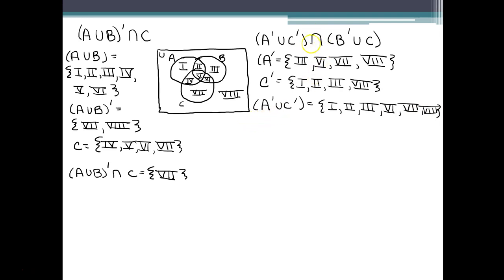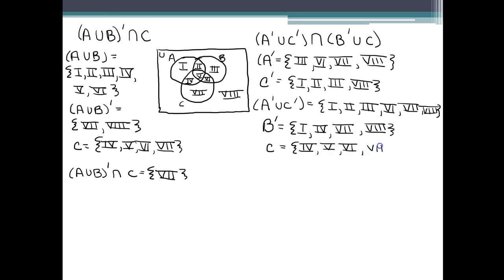Now I don't want to do that intersection in the middle yet because I got to do this other set of parentheses here. So I need to write down what B complement is. See, B has 2, 3, 5, and 6, so we need everything else outside of that. 1, 4, 7, and 8. We got C. It's not C complement, it's just C, so we need to write down what's in C's circle. 4, 5, 6, and 7.